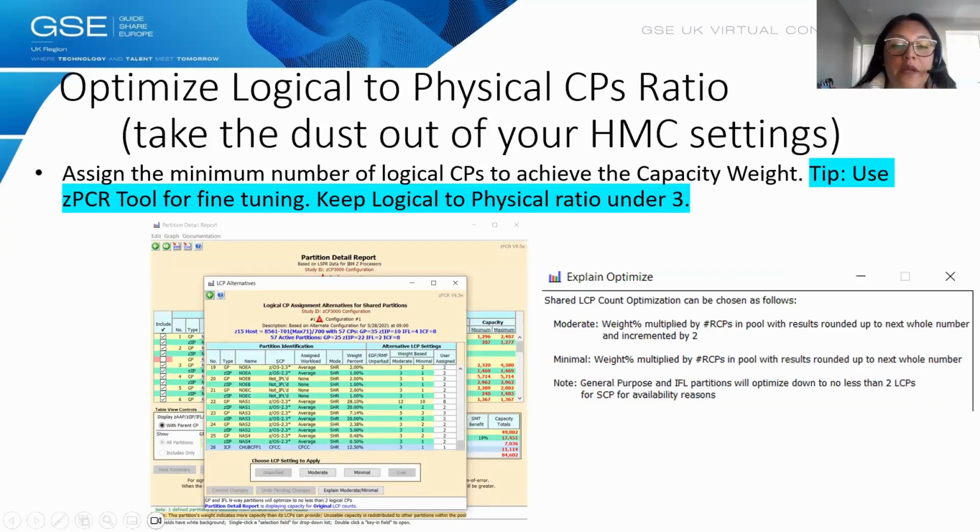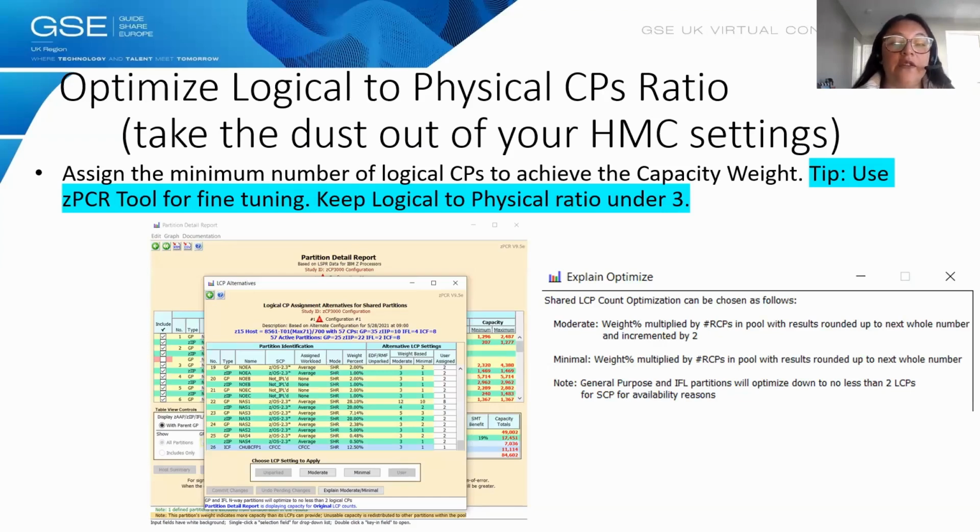See, for example, the minimum and the maximum capacity, or as per their weight. zPCR also takes into consideration the SMF 113s or CPU MF records, and it will help you to classify and understand how many MIPS exactly you're extracting from your configuration. It also calculates for you the logical to physical ratio, and it has an optimization recommendation there for logical CPs.